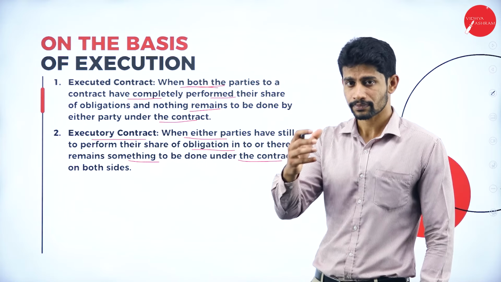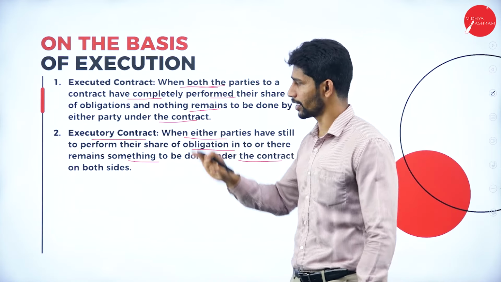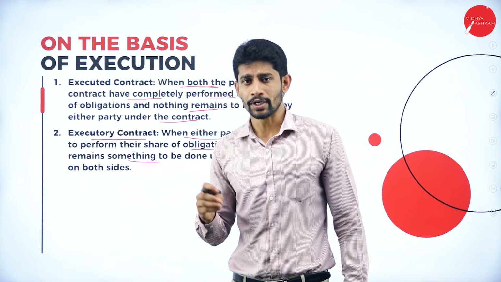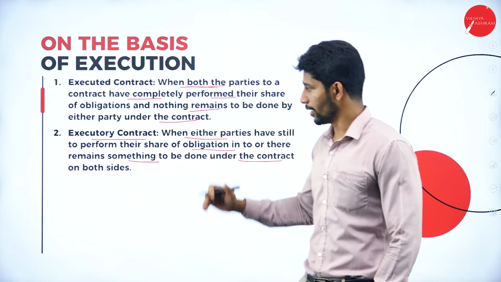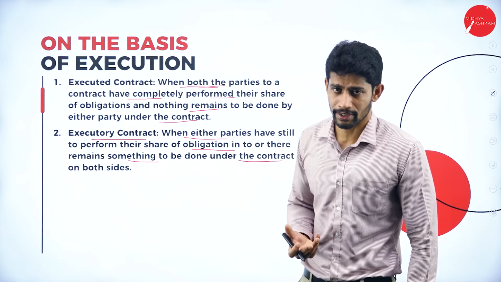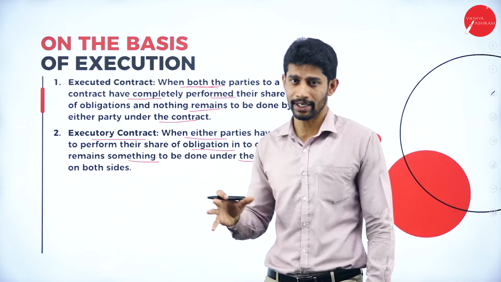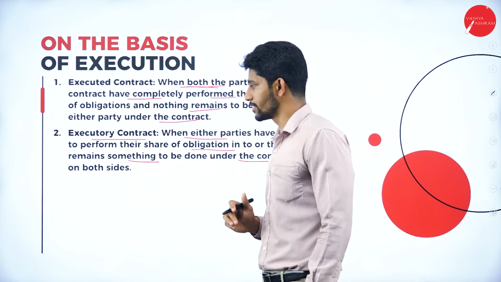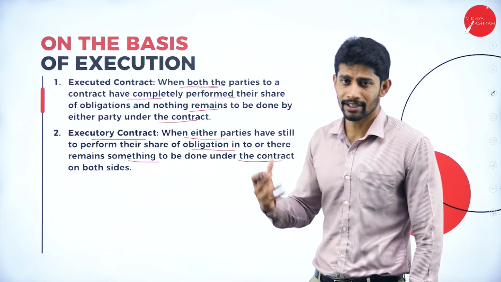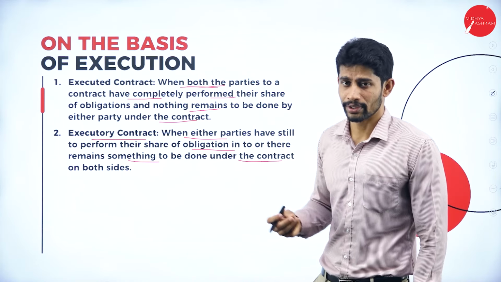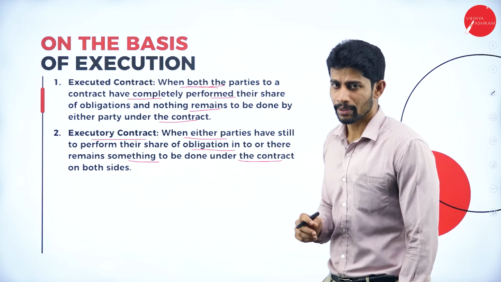That means in an executed contract, both the parties have already performed all the duties, but under an executory contract, they still need to perform some more duties. All the duties were not completed. Those kinds of contracts are called executory contracts. That means some duties are yet to be performed, yet to be executed.